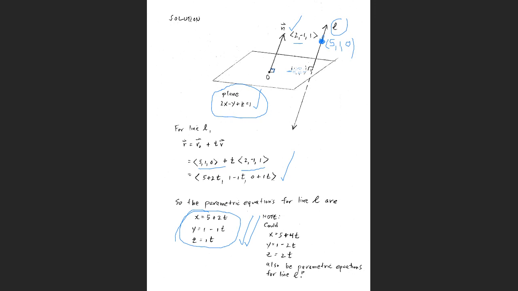Well, given these parametric equations, we could write down the symmetric equations. There's really no difference. It's just two ways to represent the equation of a line in three-dimensional space. But sometimes one is better than the other.